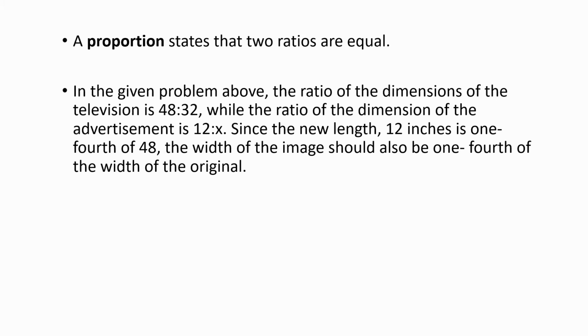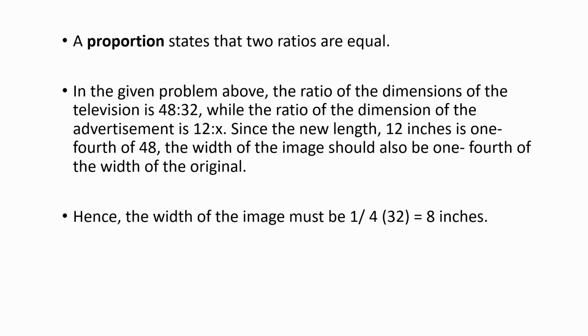Now, since the new length, 12 inches, is 1/4 of 48, that means that the width of the image should also be 1/4 of the width of the original. Hence, the width of the image must be 1/4 of 32, and 1/4 of 32 is equal to 8 inches.